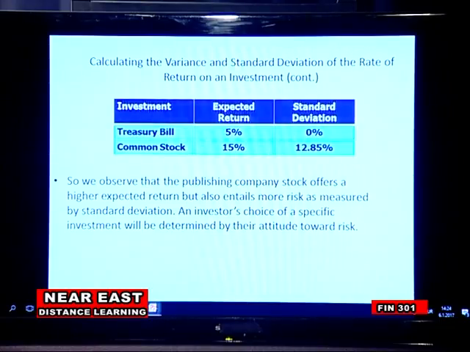But for treasury bills the standard deviation is 0, while for common stock the standard deviation is 12.85%. That means common stock has a higher expected rate of return but more risk.